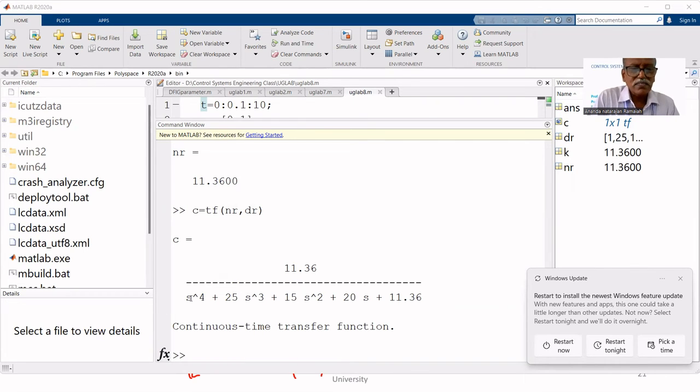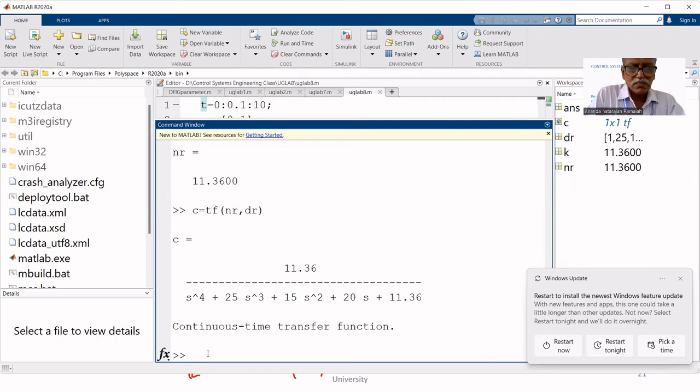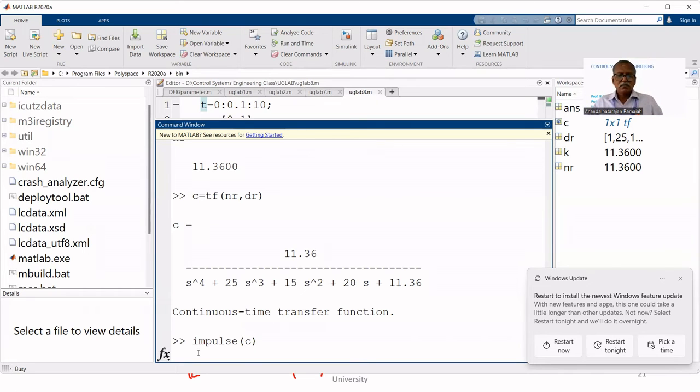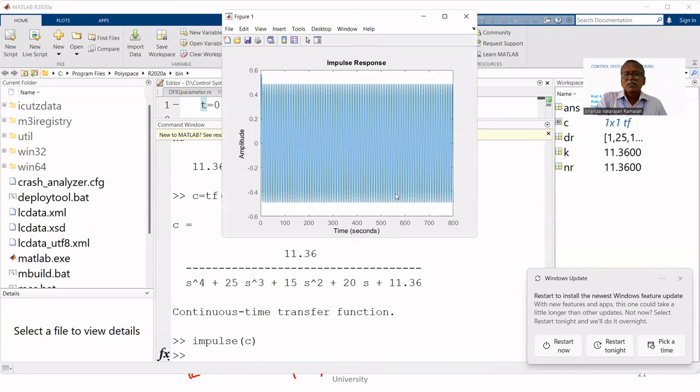For this, let us check the impulse response. Sustained oscillation, sustained, no change in amplitude.